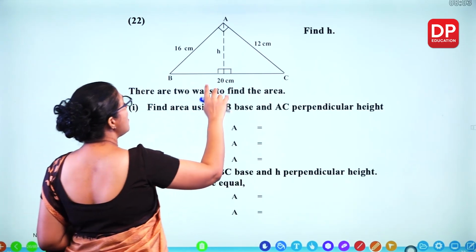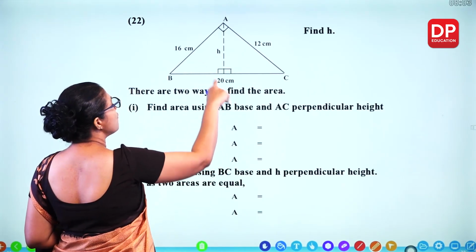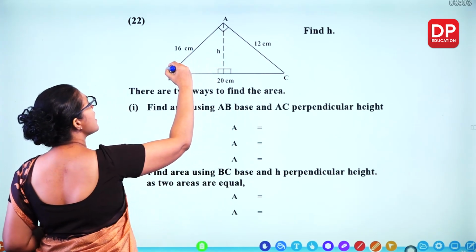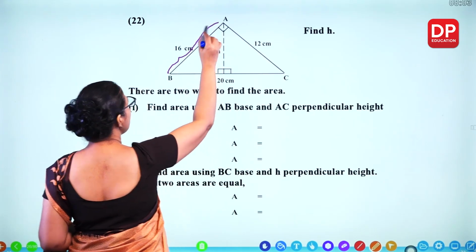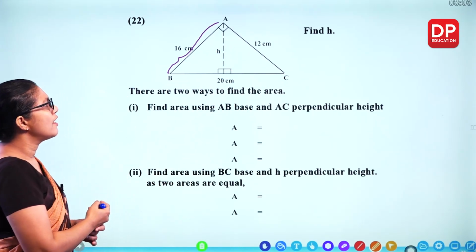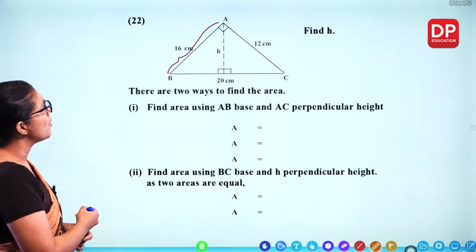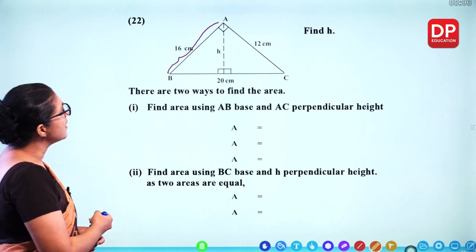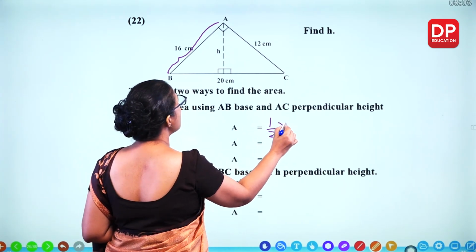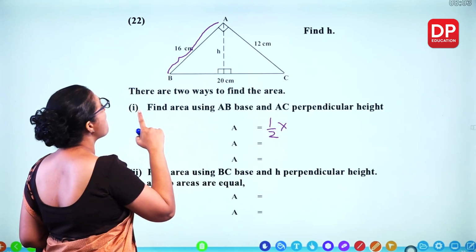The area you can find using AB as the base. If you take this side as the base, what's the perpendicular height? 12 is the perpendicular height, that's AC. So what's the area of the right angle triangle ABC? You can find out half times base.